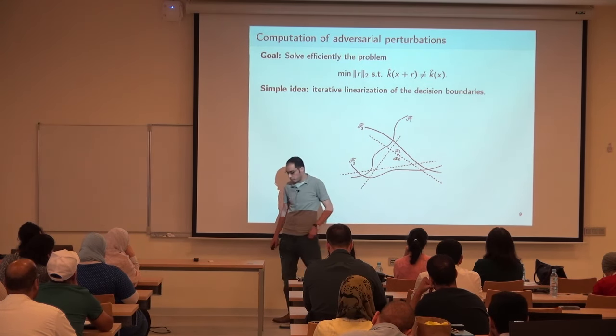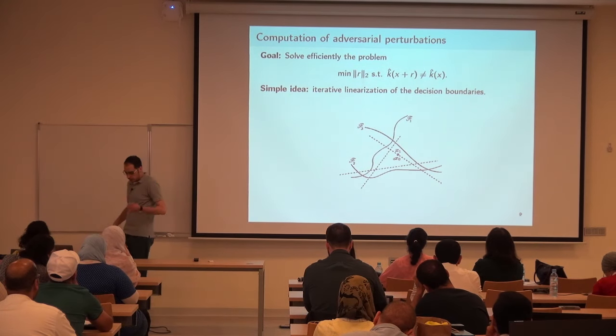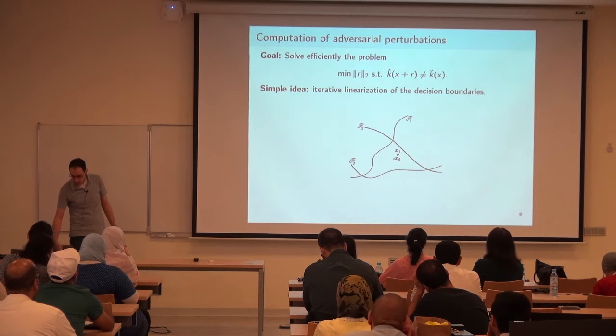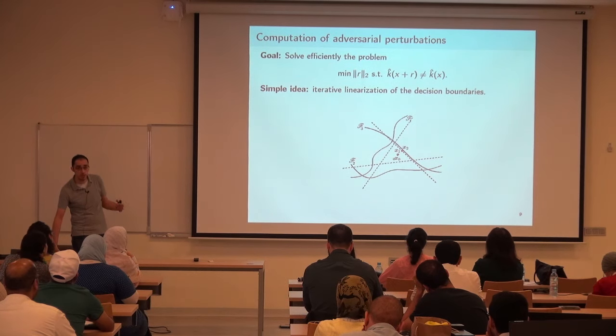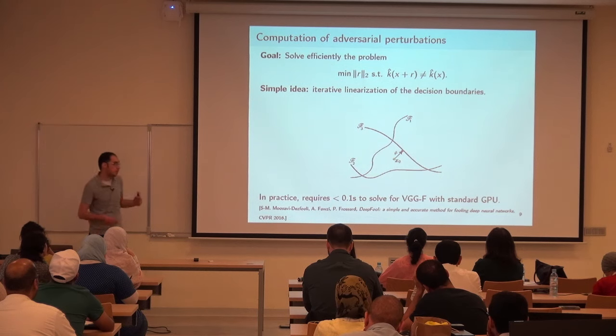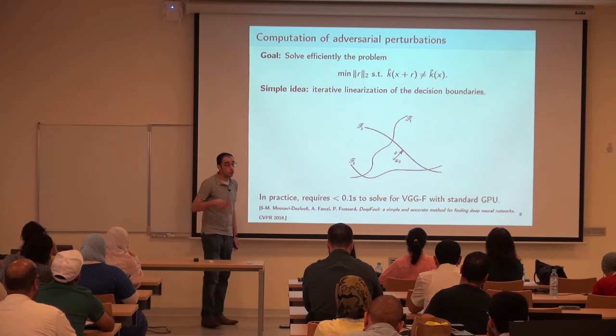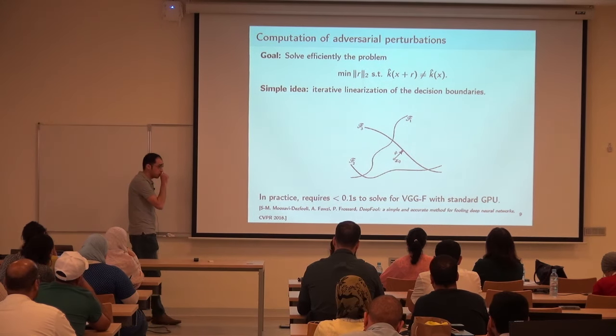You update your current data point to be x1, and then you linearize your classifier again around x1, and compute again the perturbation that goes outside of the linearized classifier, and so on and so forth, until you get a perturbation that goes outside the original decision boundary. Okay?